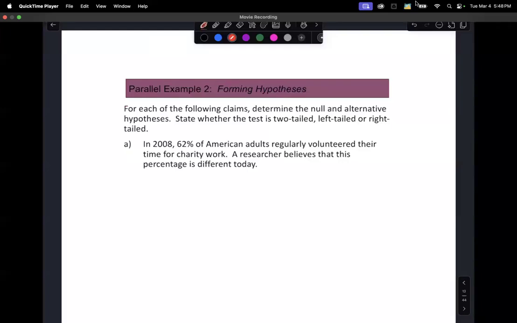So in 2008, 62% of American adults regularly volunteered their time for charity work. A researcher believes that percent is different today. You see the word different. This is a two-tailed test. Yes, good. Good job.